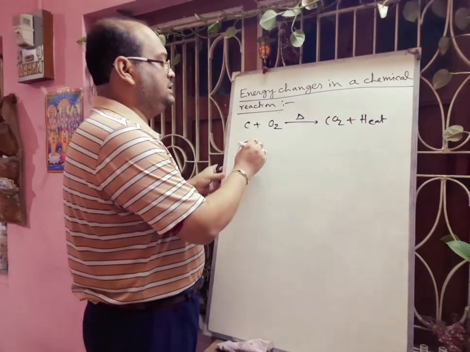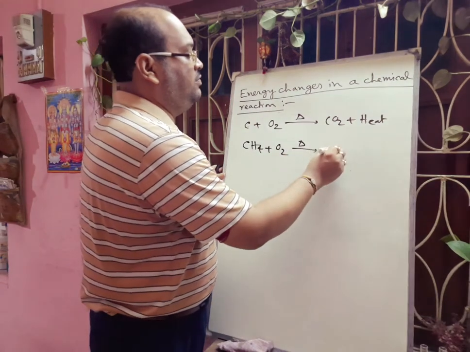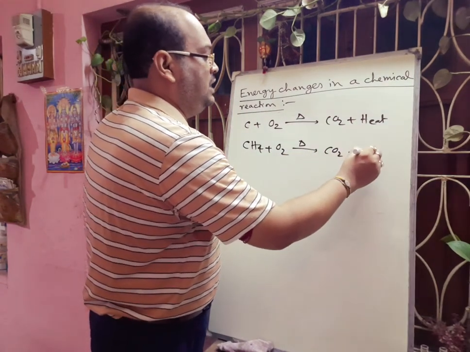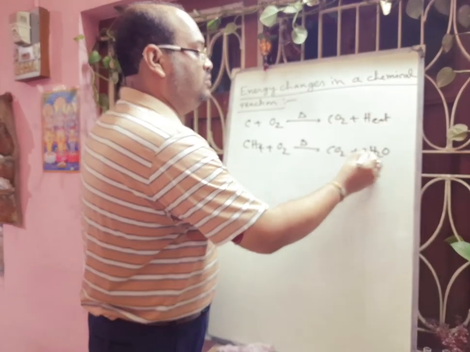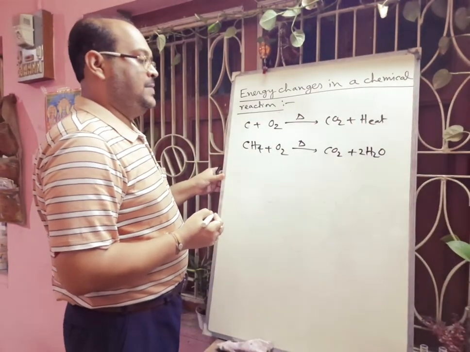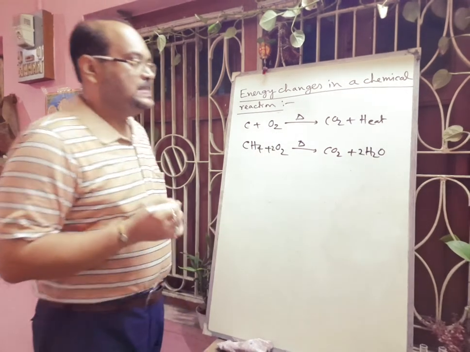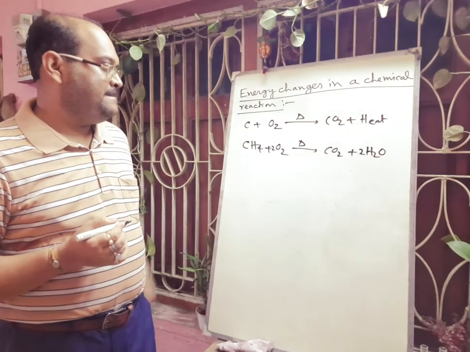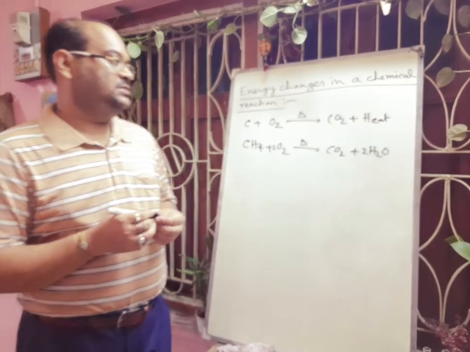So methane is reacting with oxygen, we apply heat, that will form carbon dioxide gas and water. Now here we have to give 2 water and then oxygen will be 2. Now I think it is balanced.